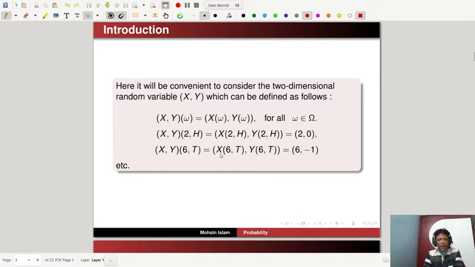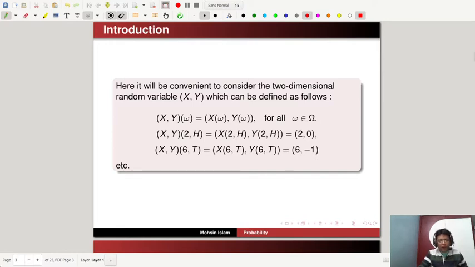That will give x(6,T) = 6, and y(6,T) = -1, because if tail appears, the value of the random variable y will be -1. So that is how you can define the two-dimensional random variable (x, y). This is the example of how you define the two-dimensional random variable.